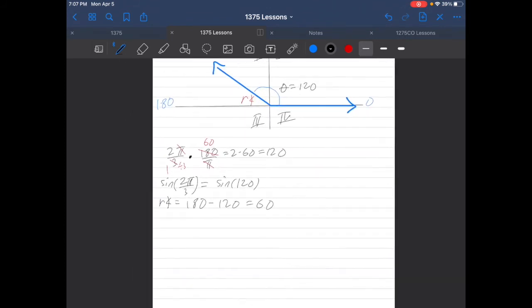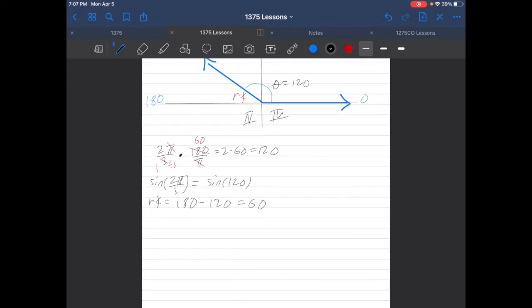So here's how we're going to use our 60 degree reference angle. I'm going to draw another diagram focused in on the quadrant number 2, because that's where all of our action is going to be right now. So here is our quadrant 2 kind of zoomed in, and our angle here measures 60 degrees because we calculated that right there.